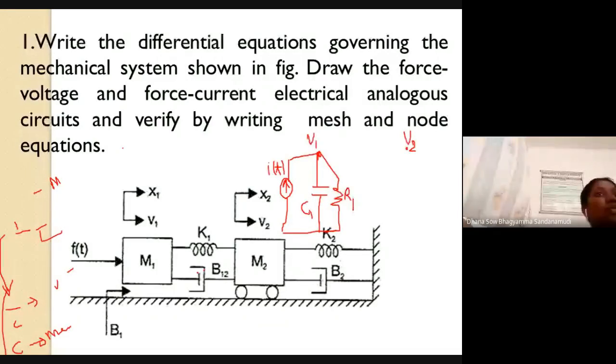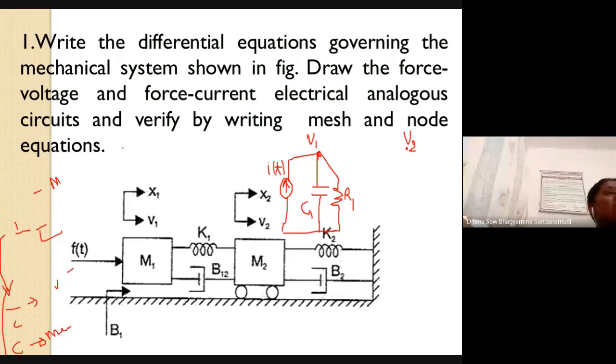Okay, now K1 and B1 are connected between these two nodes. K1 is proportional to 1 by L1 and B1 is proportional to 1 by R1.